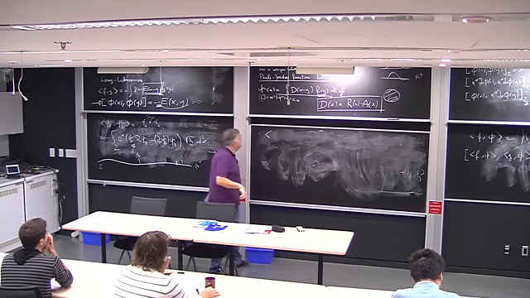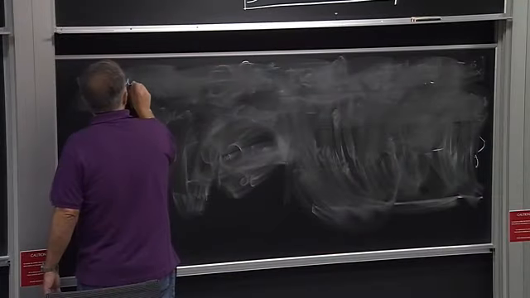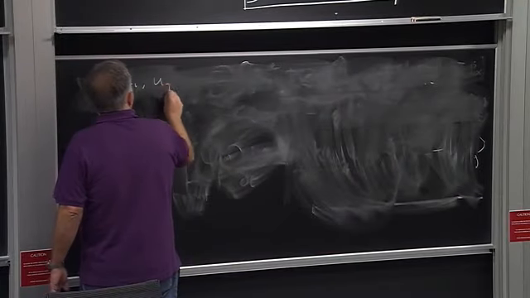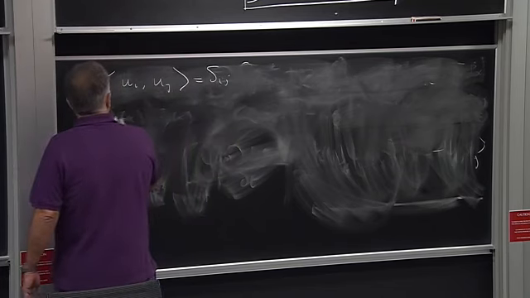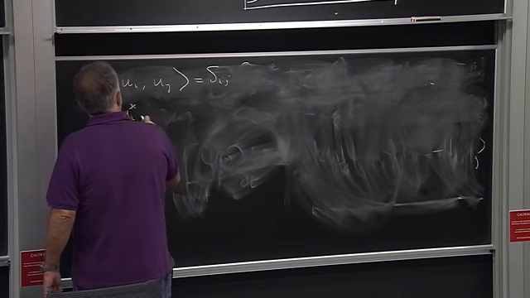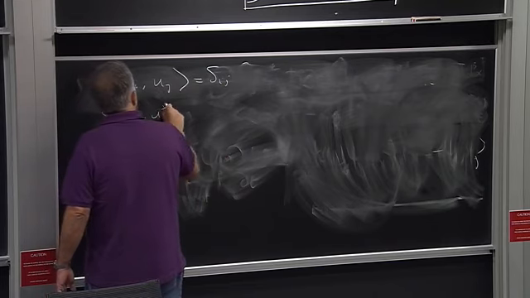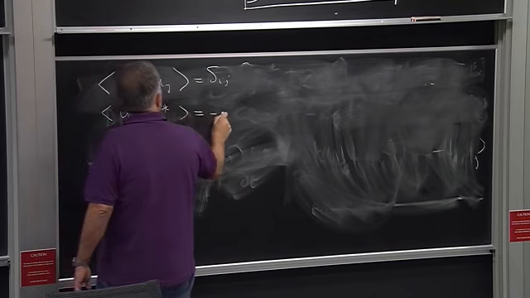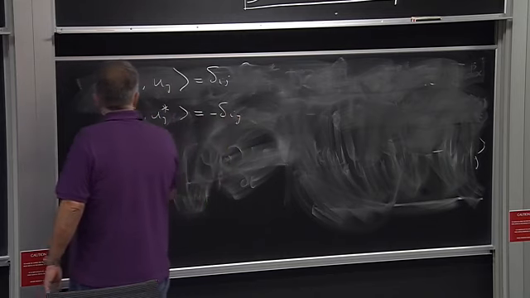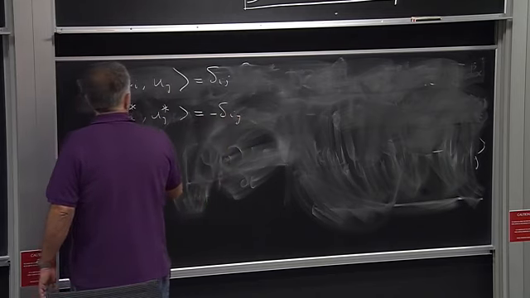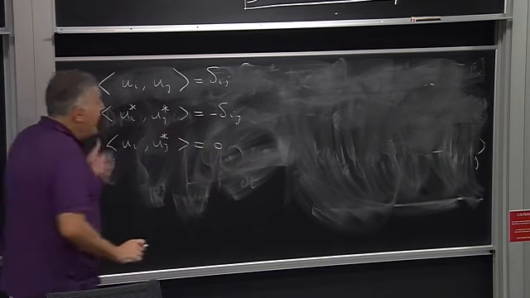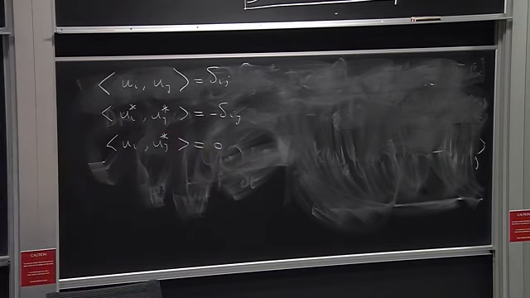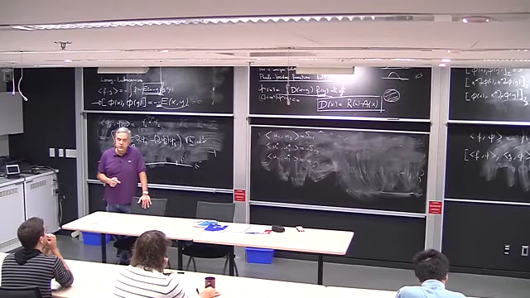This is well posed. And then find a basis such that this is true, this is true, and this is also true. It means diagonalize your inner product.